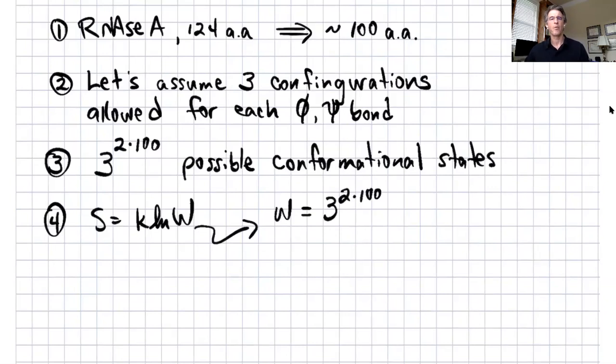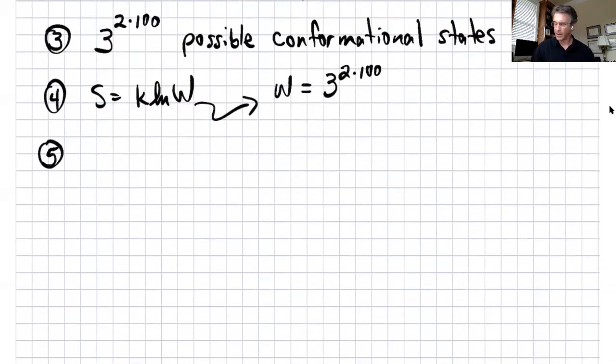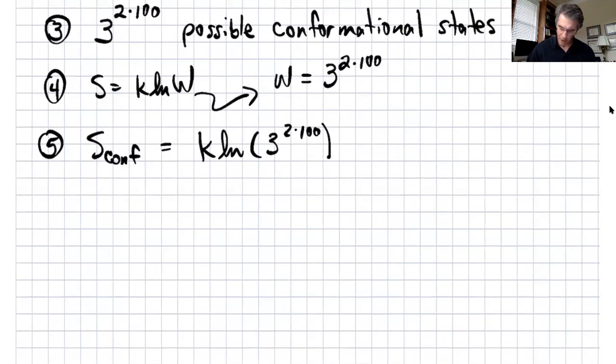We're going to assume that those possible conformational states, or that space, is equivalent to the system degeneracy, which means we can then define a configurational entropy for this toy protein as being equal to k log of 3 to the 2 times 100. Now, this is, again, an oversimplification, right? This would only even, in this toy model sense, be true assuming that all of these states are isoenergetic, right?